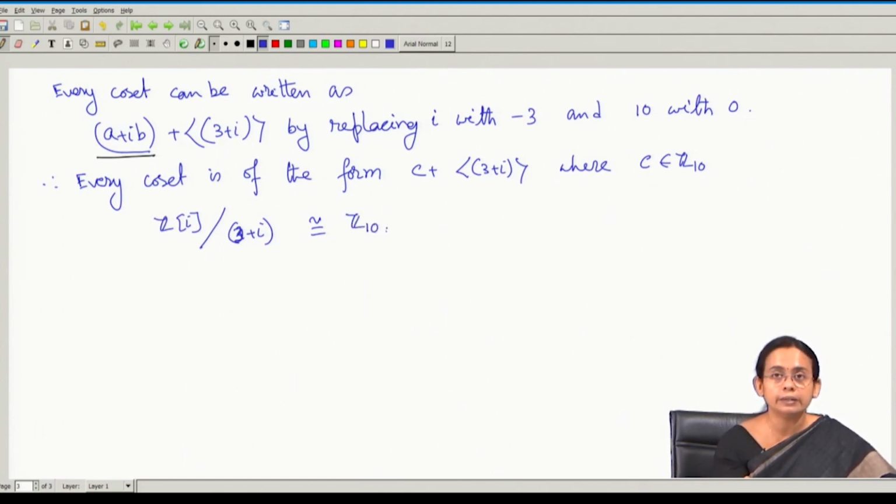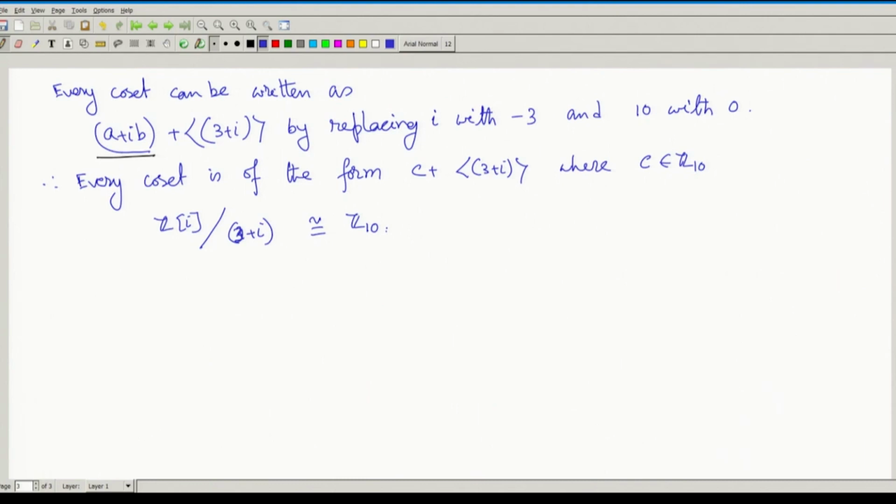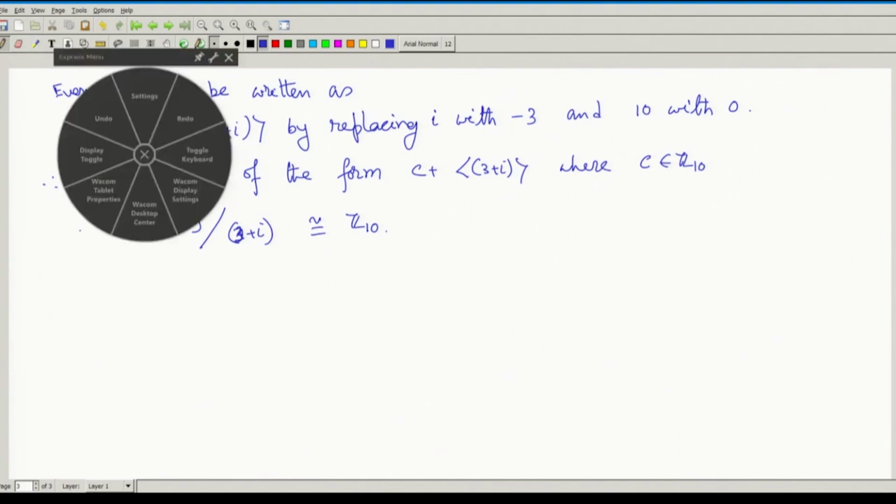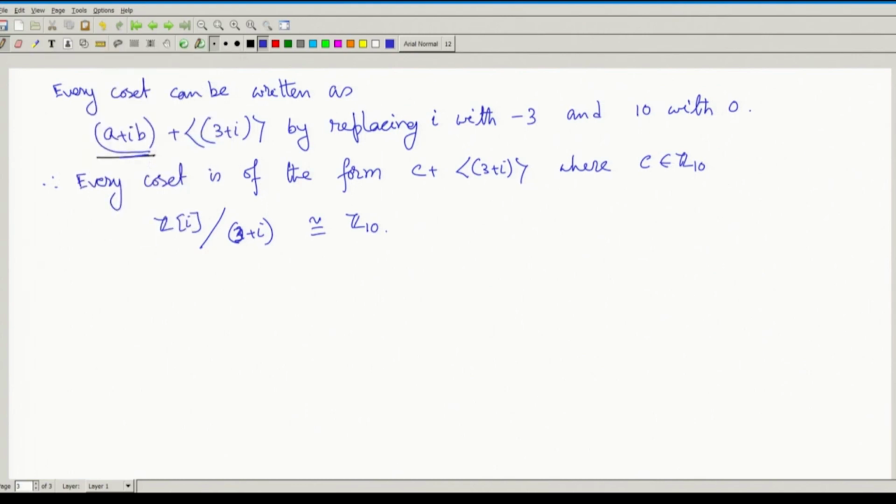That is what I will be proving next time, but this gives you an intuition of how I am visualizing the elements of this left coset as elements of Z_10. Every element of this left coset, where i is replaced with minus 3 and 10 is replaced with 0, is of the form c plus the ideal, and here c comes from Z modulo 10. So, c has only these choices, it can come from Z_10.